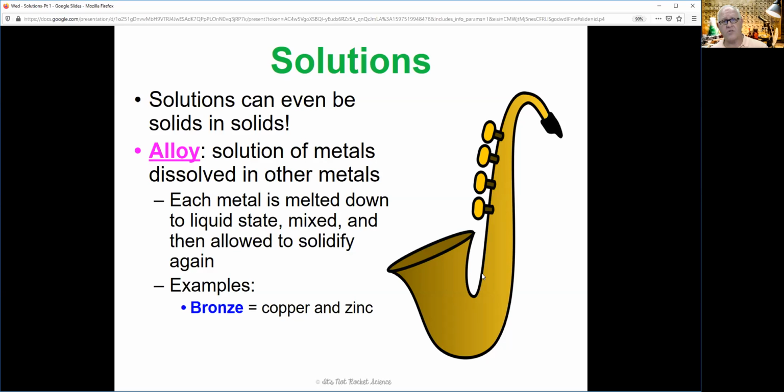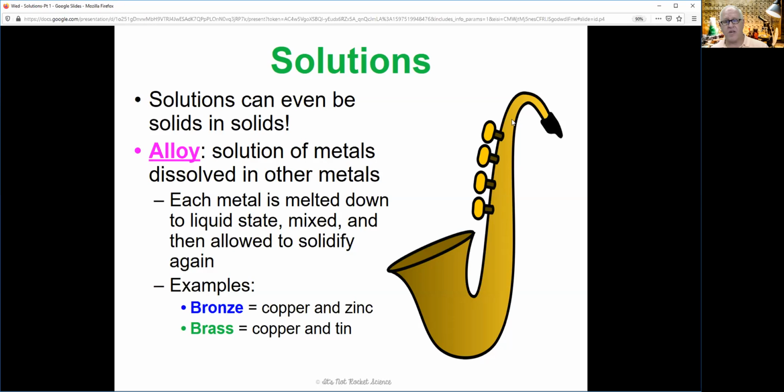And so those two elements get melted down in a specific quantity, specific ratio, and they get mixed together to form a solution, and then they solidify back out to become bronze. Bronze is used a lot for casting, where that liquefied alloy is poured into a mold so it can come out. They're called bronze castings.